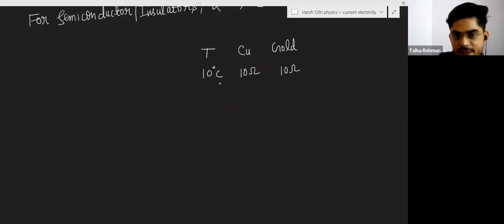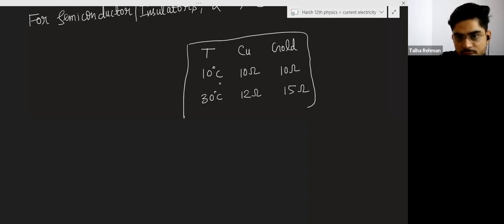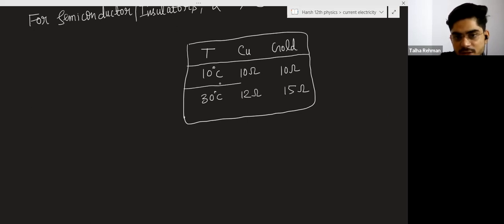At 10 degrees centigrade, copper and gold both have 10 ohm resistance. When you increase the temperature to 30 degrees centigrade, the resistance of copper will become 12 ohm and the resistance of gold will become 15 ohm. So in this way, the resistance will change accordingly. For different materials, the change in the resistance will be different.